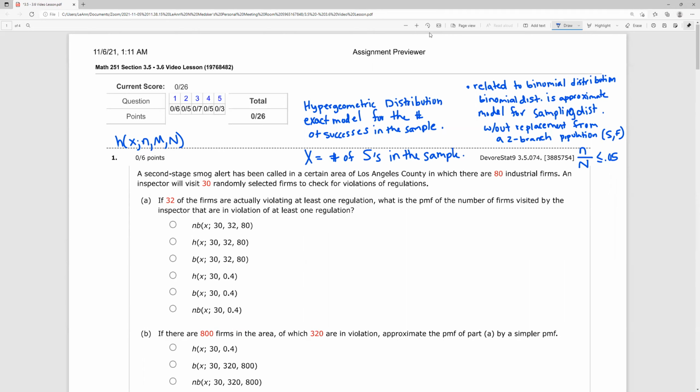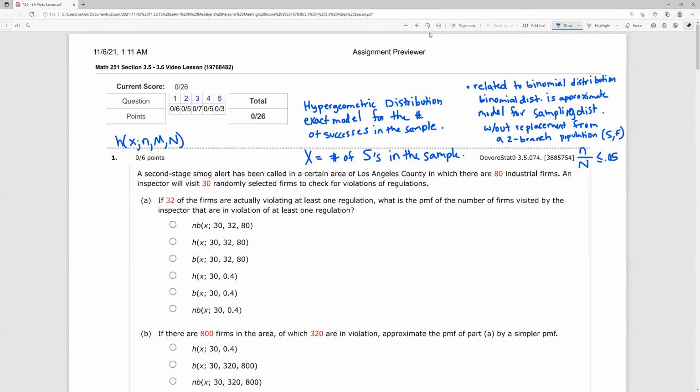We're doing the hypergeometric of the variable x with a sample drawn of size n, and we know that M is standing for the successes in the population. Notice it's capital, and capital N is standing for the size of the finite population.